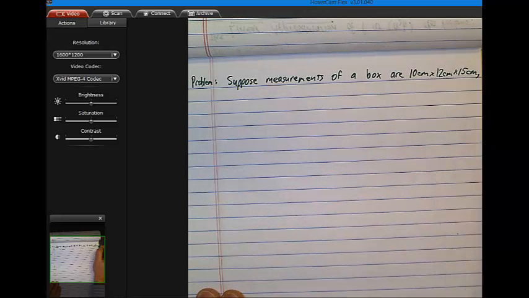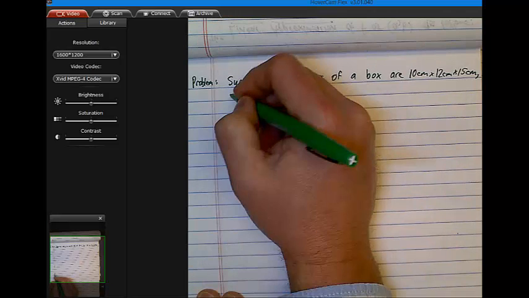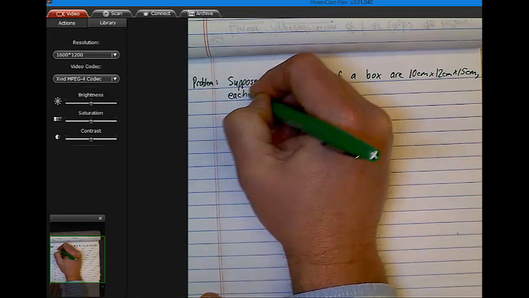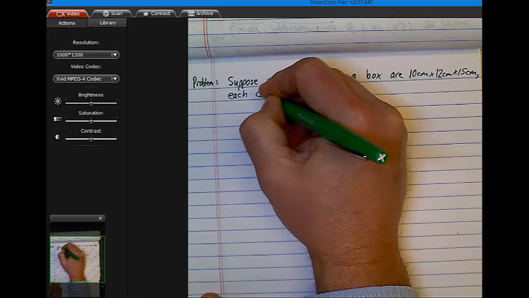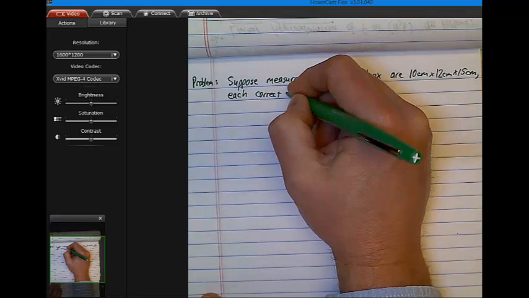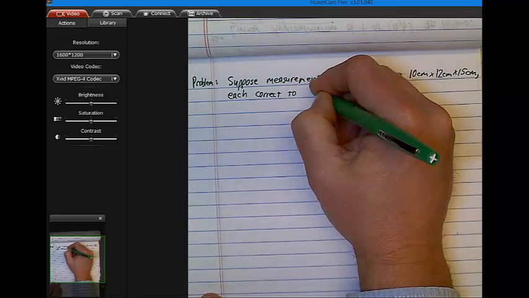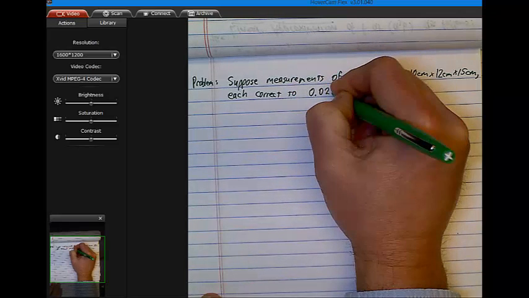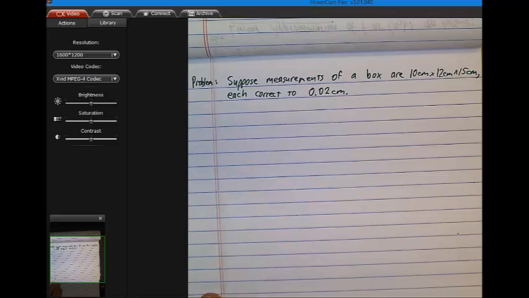And we'll say that each is correct to an accuracy, let's say, 0.02 centimeters. That's pretty accurate, right? I can't do better than that with a ruler. I'm sure of that.